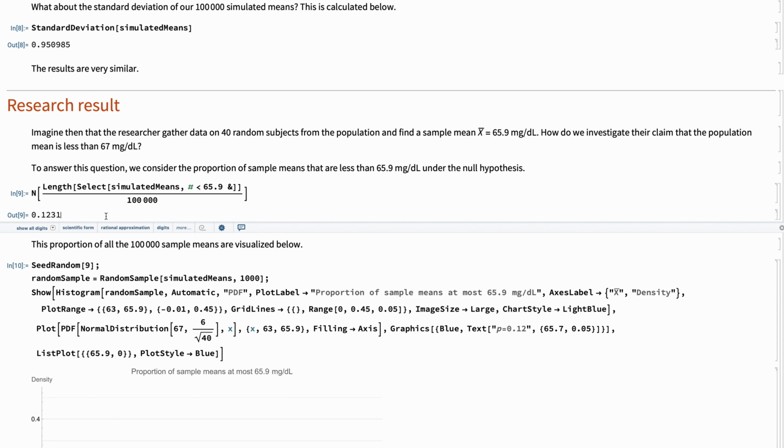That is the probability of a randomly selected mean being at most 65.9. And that is the procedure that we follow when we have a one-tailed alternative hypothesis towards the lower tail. We just look at the proportion of all the values up until the value that we find for our single study, and that was 65.9.